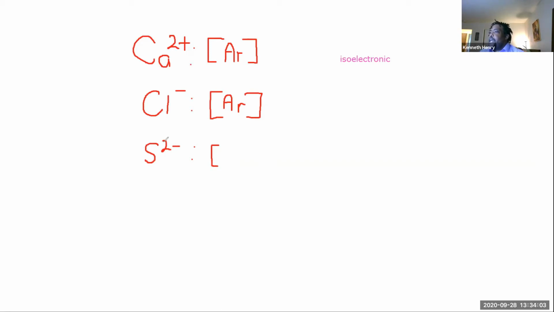It lets us know that we have 2 electrons here, so it's reminding you that you have 2 electrons being added here. And here, this reminds me that I have 2 electrons being removed. Okay, so those guys are all considered to be isoelectronic to argon, meaning that they have the same number of electrons as argon.